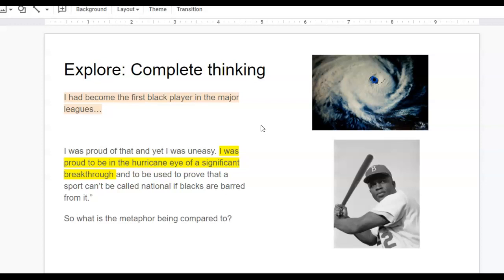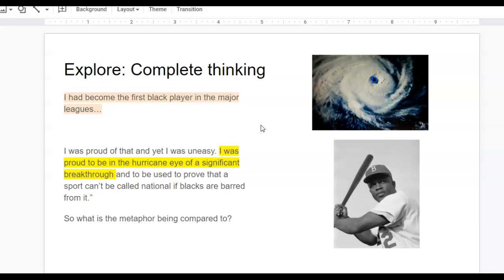I was proud to be in the hurricane eye of a significant breakthrough, and to be used to prove that a sport can't be called national if blacks are barred from it. So, what is this metaphor being compared to? I was proud to be in the hurricane eye of a significant breakthrough. The author uses a metaphor to compare being the first black player in the major leagues to being in the eye of the hurricane, the calm of the storm.